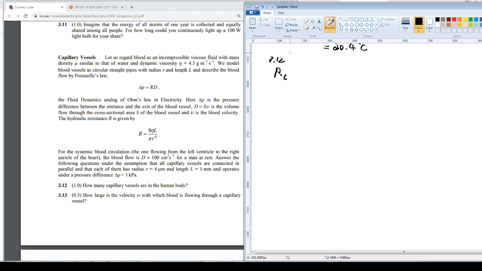So we can calculate the resistance of a single capillary vessel.